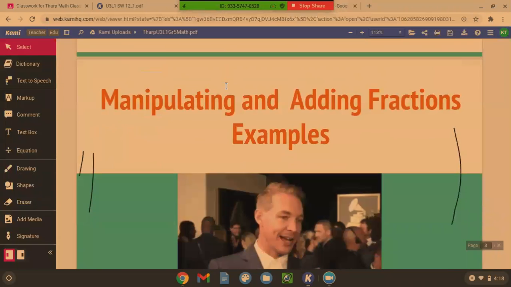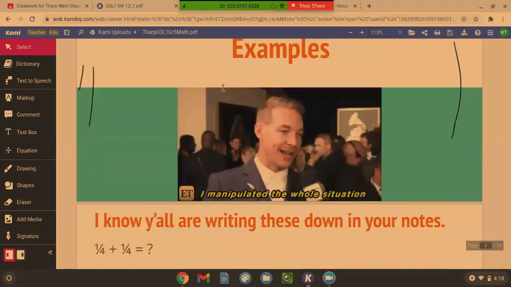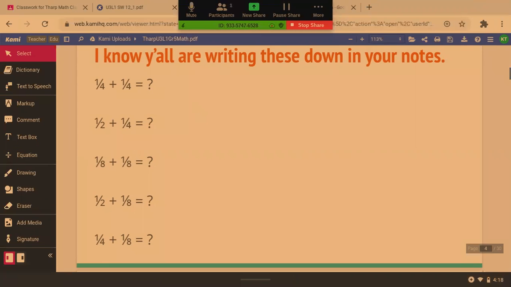So we're going to be going over lesson 1, manipulating the fractions so that we can add them. Let's begin with the first one, 1/4 plus 1/4. Y'all know the rules for adding fractions.